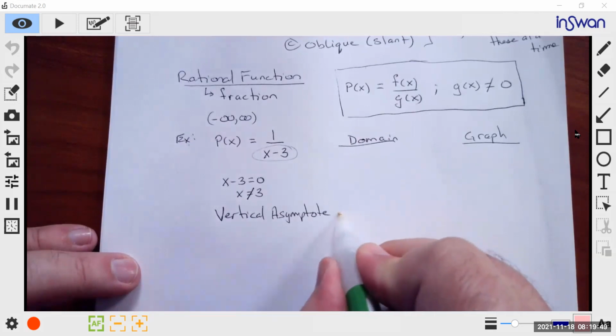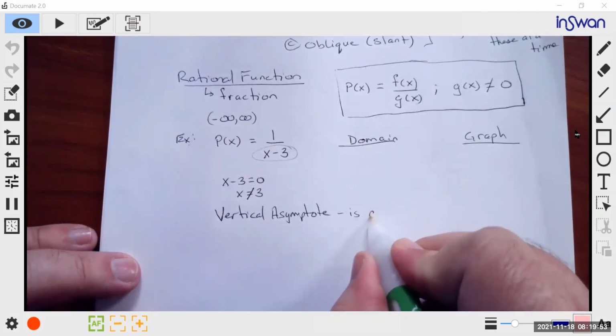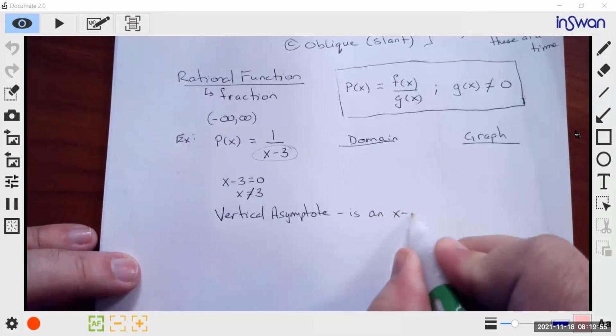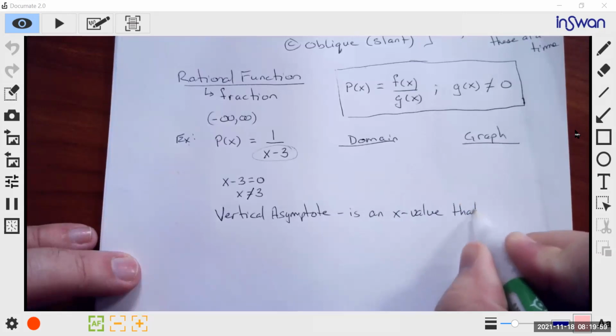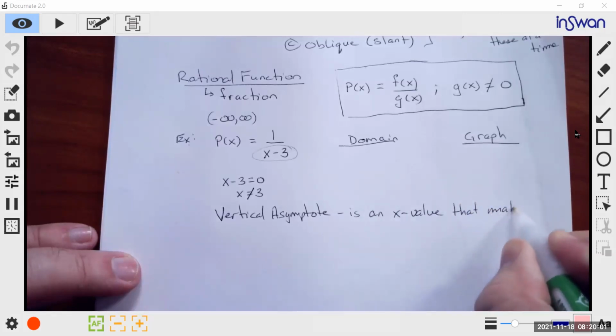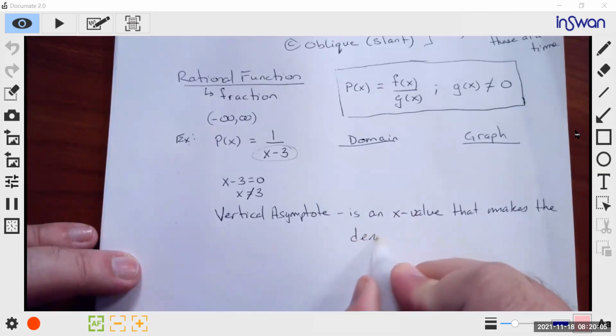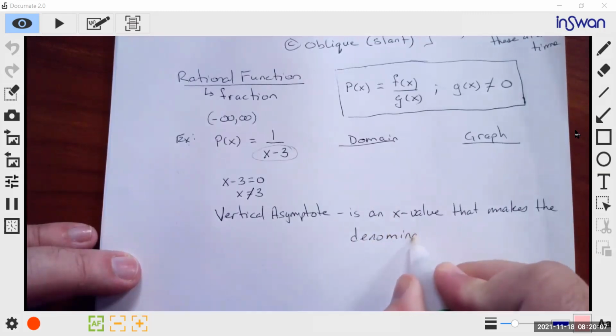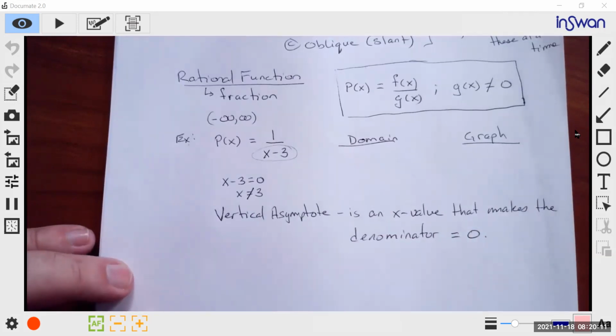A vertical asymptote is an x value that makes the denominator equal 0.